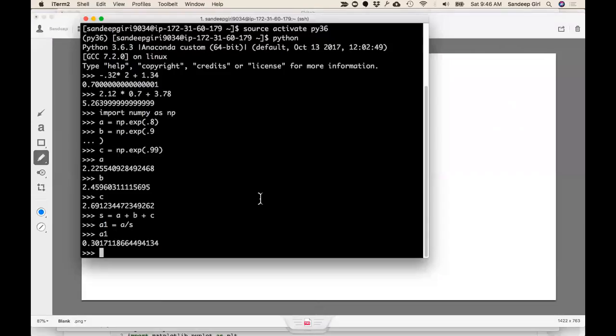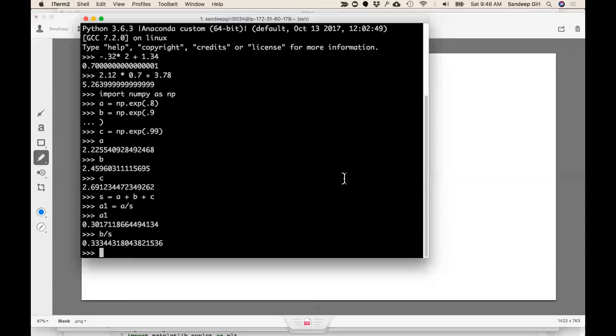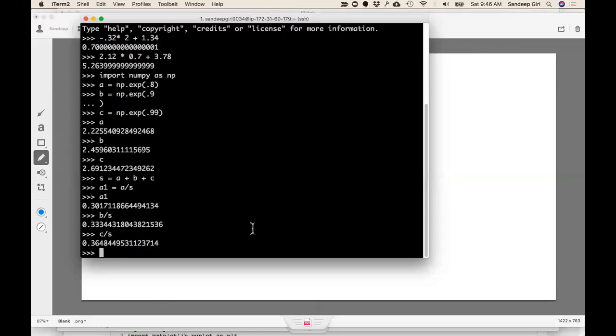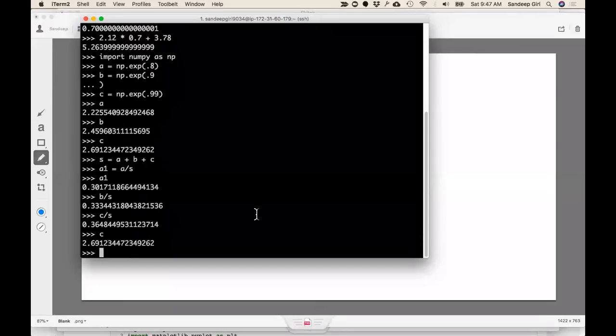And B by S is 0.33, okay, and C is how much? 0.36. Why did we make this mistake? Did we make a mistake somewhere?